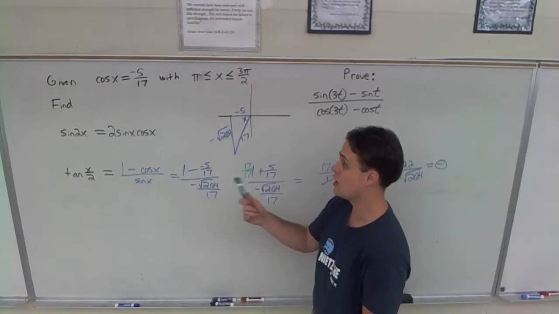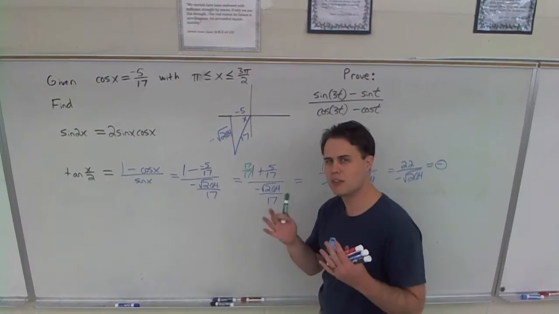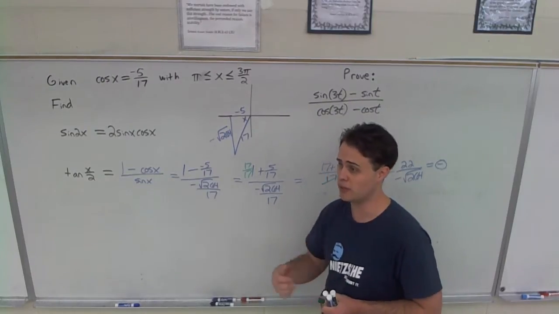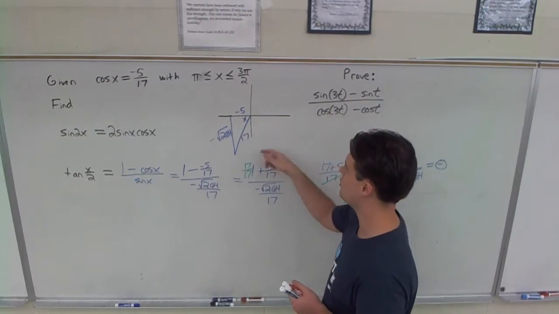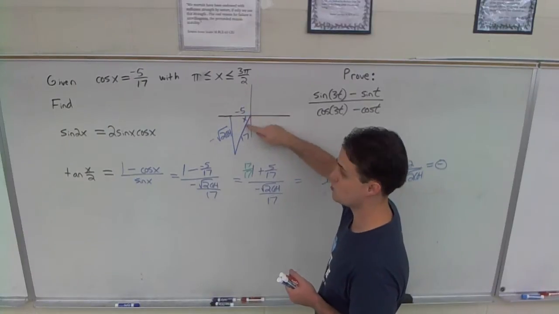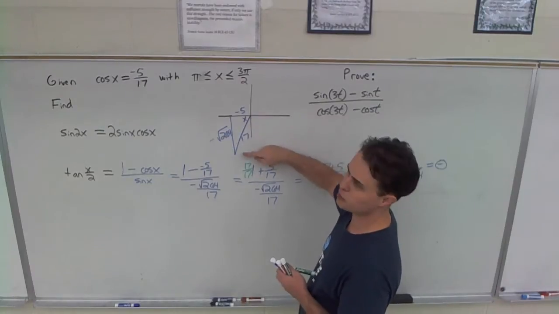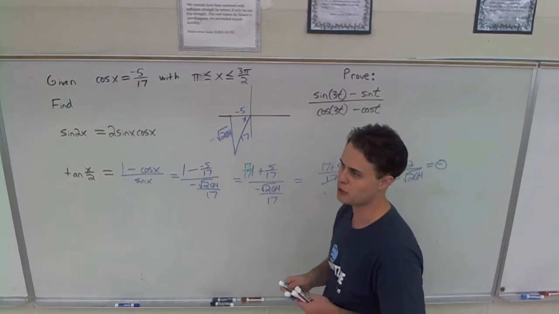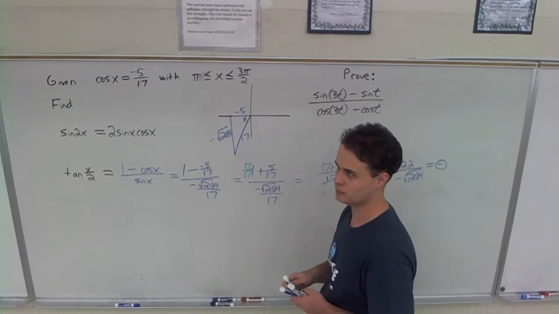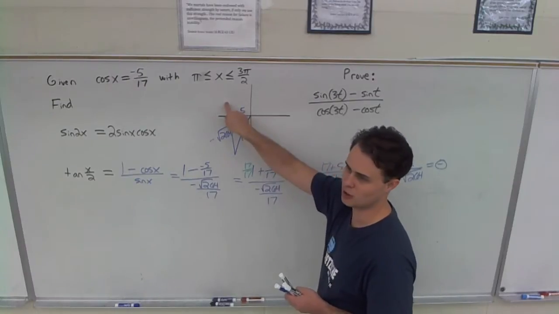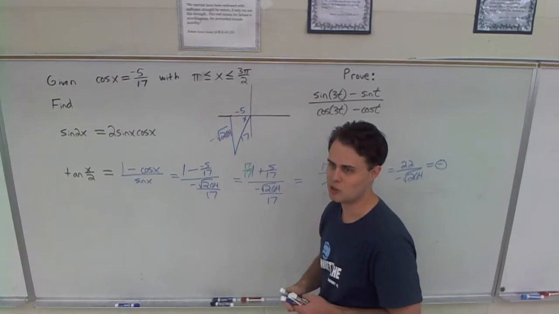So this guy, x over 2, is in quadrant 2, which I think makes sense with what we just got for double x, because if double x turned out to be all the way back there, that means x has to be a big angle here. And if x is a big angle here, like, I don't know, 240 degrees, what's half of 240? 120. That's there. So I think this definitely makes sense.